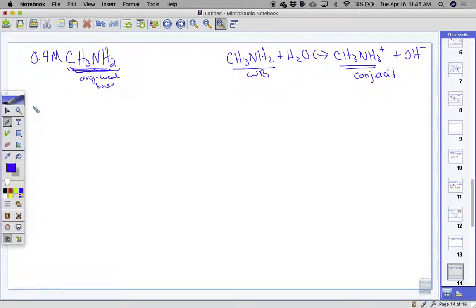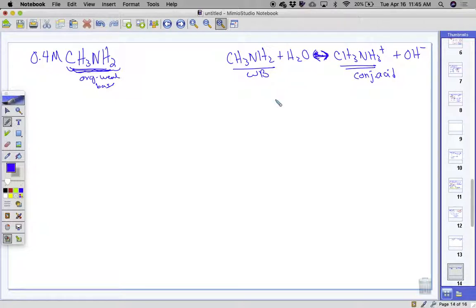If it's a weak base, how come you can put the double arrows? If they're weak anything, I should be writing double arrows on all of them because it comes to equilibrium. Is it the strong ones that you don't? Right. The strong ones you don't, because we assume they dissociate completely. So that's why it's a stoichiometry thing and it's a one arrow.